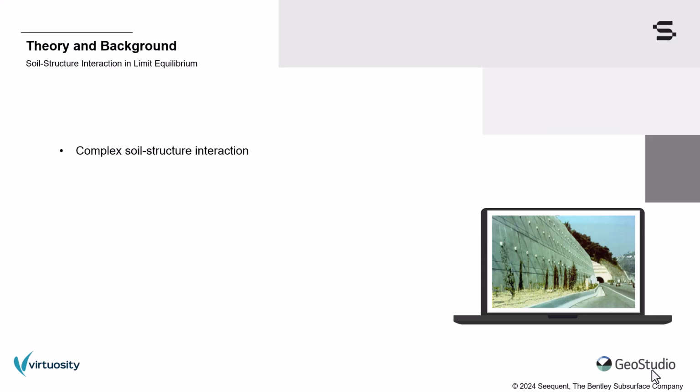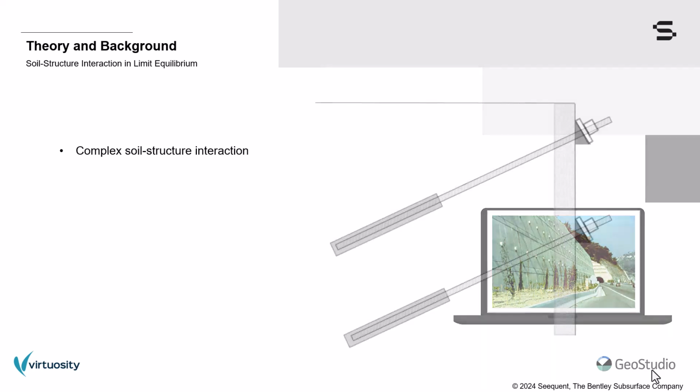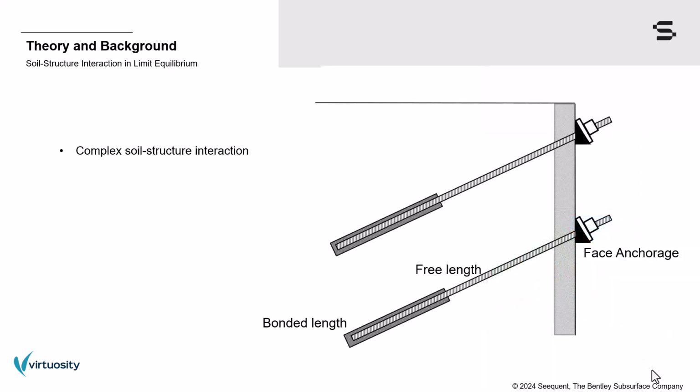When you add reinforcements to any geotechnical system, like a retaining wall or a slope, it becomes a soil structure interaction problem. Consider the anchor supported excavation shown here. The anchor has a free length and a bonded length. The load that is transferred into the anchor depends on the ground movement or a pre-tensioning post-installation.